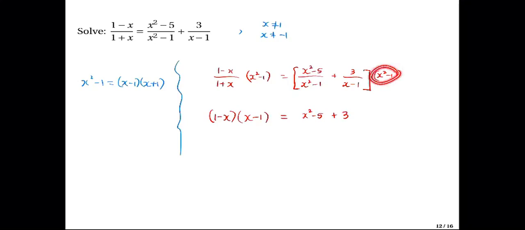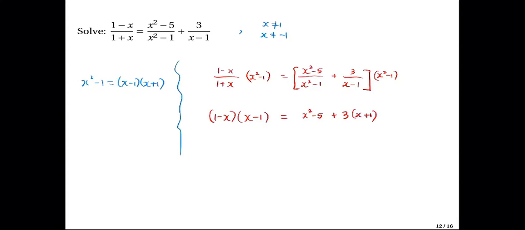Now, if we distribute this over this, that's your plus 3 there. But the denominator has x minus 1, and x squared minus 1 is factored into x minus 1, x plus 1. Which means x minus 1 here will be cancelled. So, these 3 will be multiplied to x plus 1. Okay? And then we'll just simplify this and solve for x.